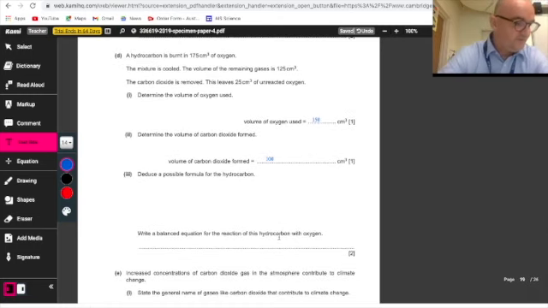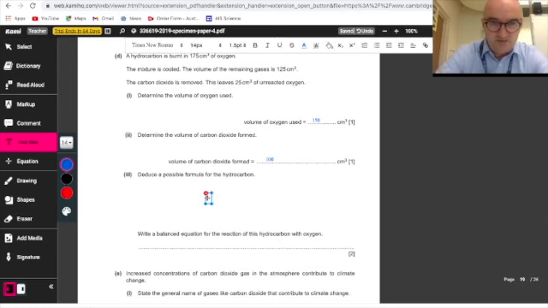Deduce a possible formula for the hydrocarbon. Well, what could it be? It's burnt in 175 cm cubed of oxygen. The volume of the remaining gases is 125, so that's 50. Carbon dioxide is removed, it's the 25 of unreacted oxygen. The volume of oxygen was 150, that's 100 carbon dioxide.